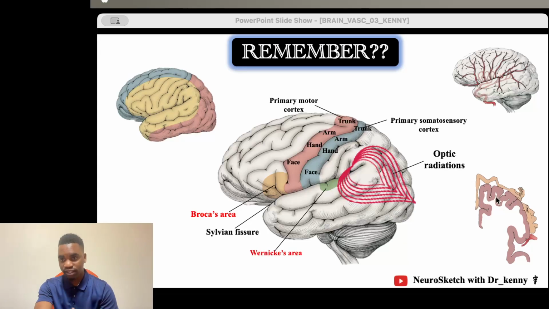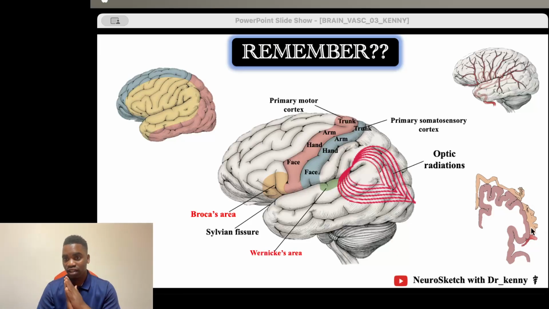Remember the homunculus: the face is represented more on the lateral side, but the legs and lower limbs are found medially. We know the middle cerebral artery will supply the lateral surface, so it supplies the arm and face.